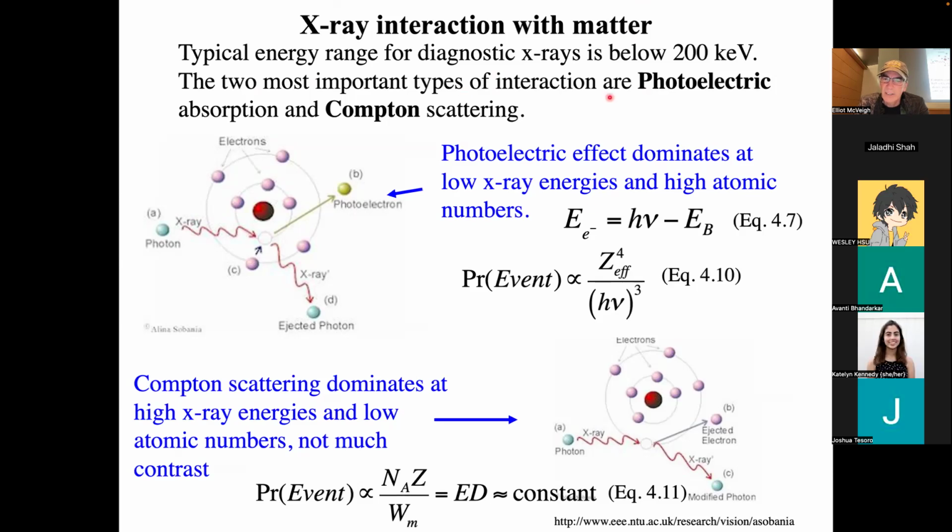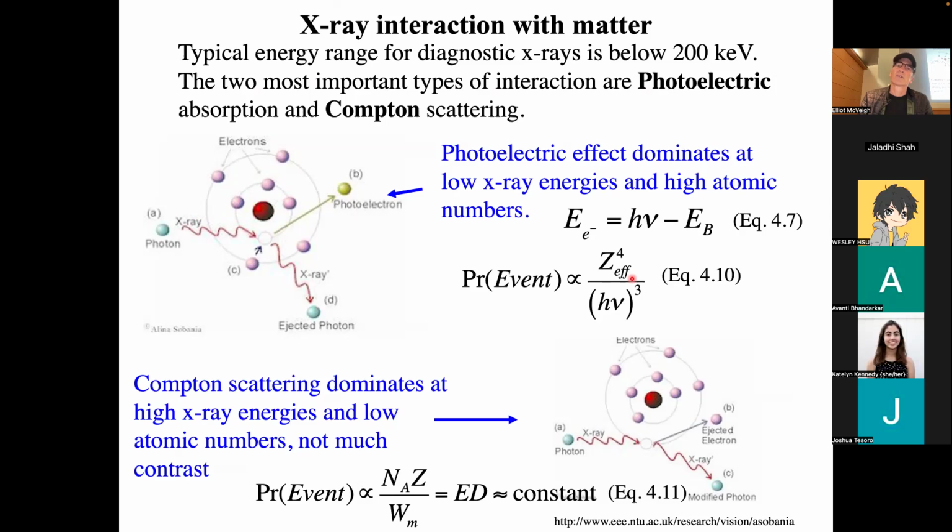Yeah, because here, with this effect, you would have the probability of an interaction occurring at Z to the fourth with photoelectric. So as the atomic number gets bigger, this probability gets very, very high compared to the Compton. That's what that's saying. Right, the top thing is not having much of an effect on the actual probability.